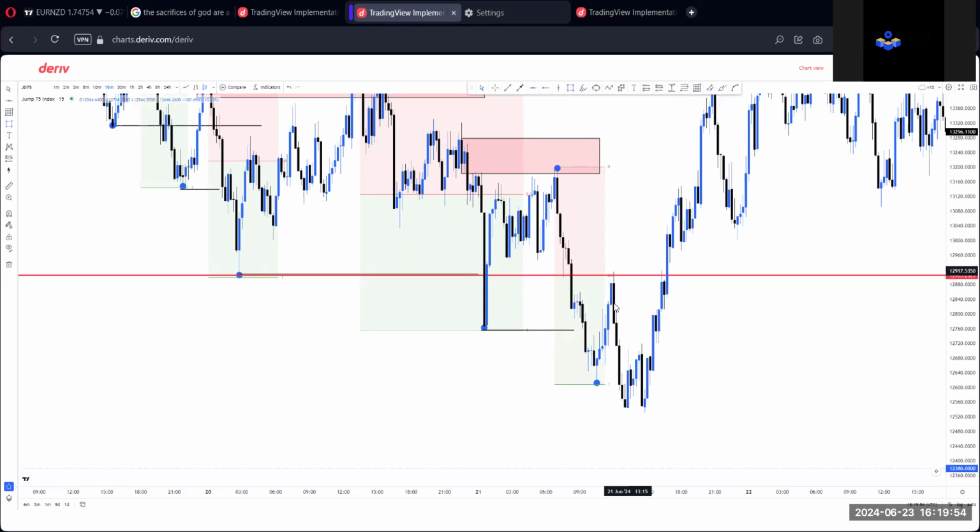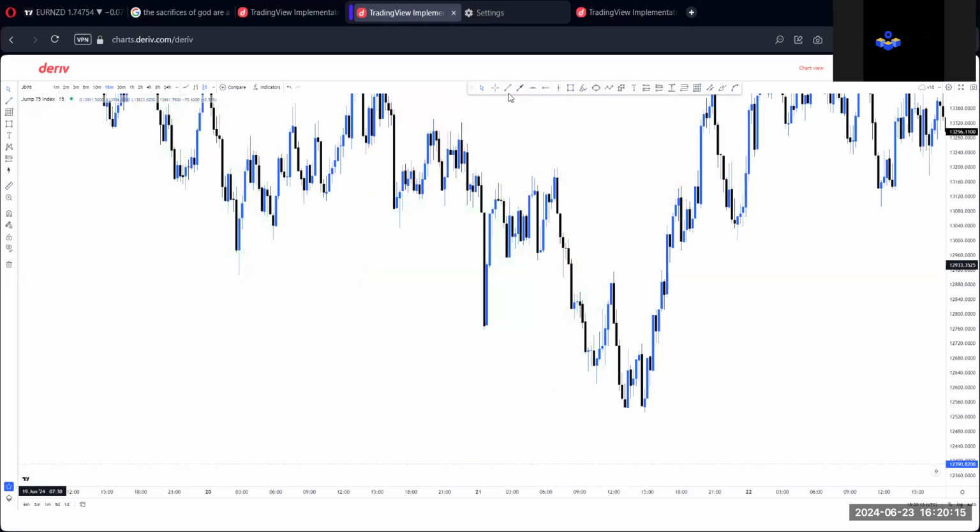So you missed that. If price had come into discount, you have this order block here that price could have reacted from. Or we have this candle's low as a breaker, which price could have also reacted from, but it never came there. Pushed down a bit, and we had a market structure shift right here.